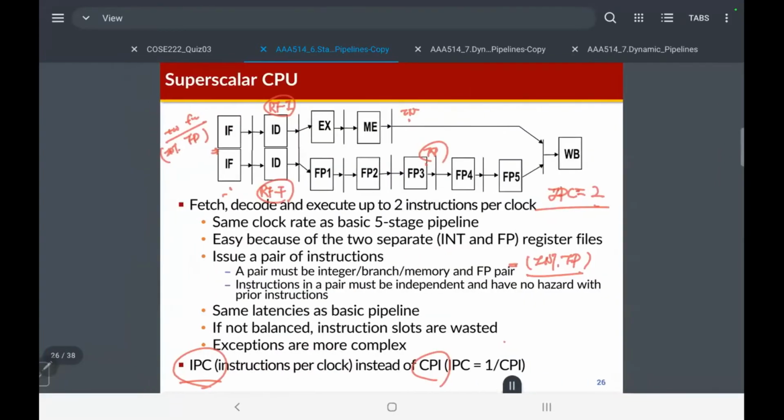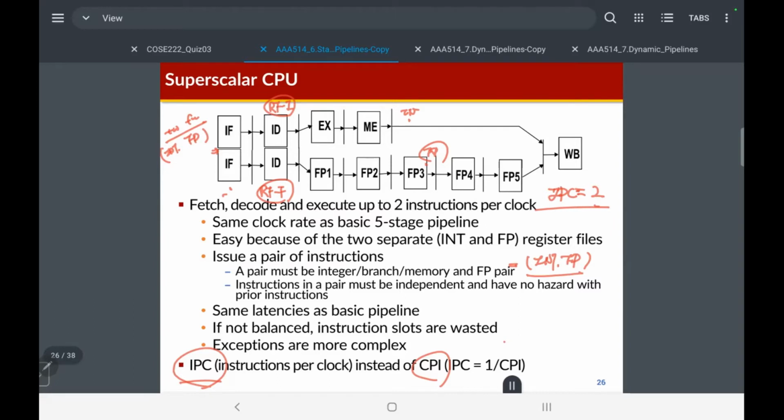And then we can also consider the superscalar CPU. In this processor architecture, there are multiple processing engines, such as integer engines and floating point engines. If there are multiple execution engines, multiple instructions can be executed concurrently.